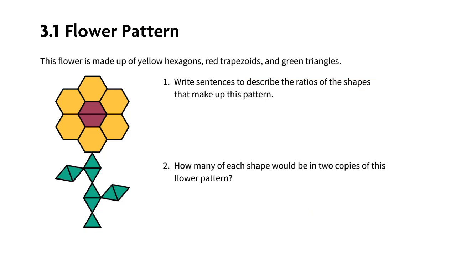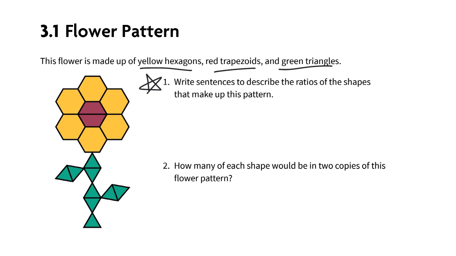All right, we're going to start with a warm-up flower pattern. And the idea is this flower is made up of yellow hexagons, red trapezoids, and green triangles. And we're going to take these figures, and the first thing we need to do is write sentences to describe the ratios of the shapes that make up this pattern.